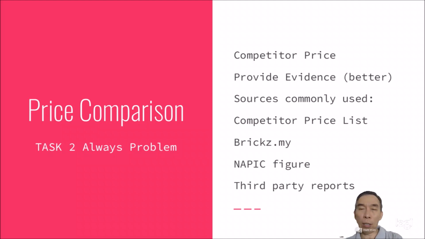But I think as we are in task 2, the examiner also knows about this scenario. Comparing the pricing, in that sense, they won't drill in too heavily on this part. But at least you have to understand the price comparison tries to achieve an apple-to-apple comparison rather than just simply picking anything to compare.